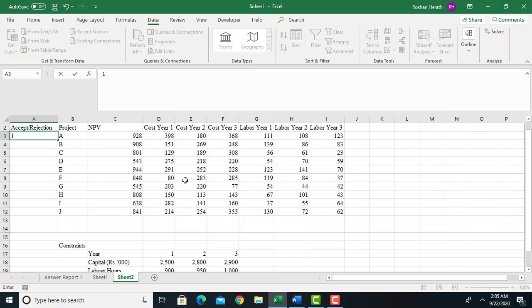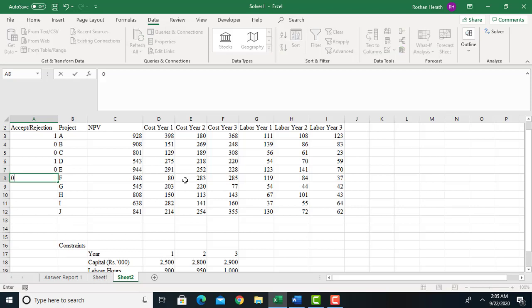Acceptance is indicated by 1, rejection is indicated by 0, right? Project B is rejected, C is also rejected, D is accepted. I'm just taking some random values, right? So in the sense, I'm randomly assuming which projects I'm going to accept.